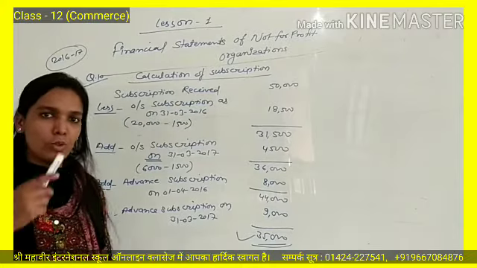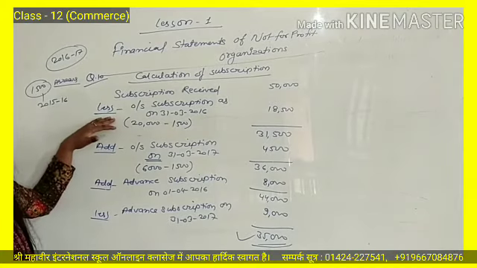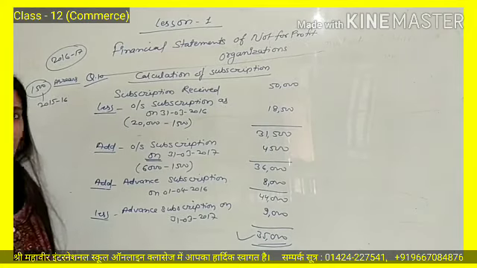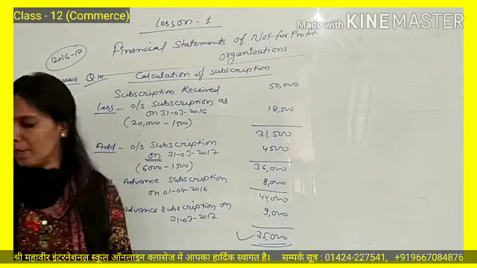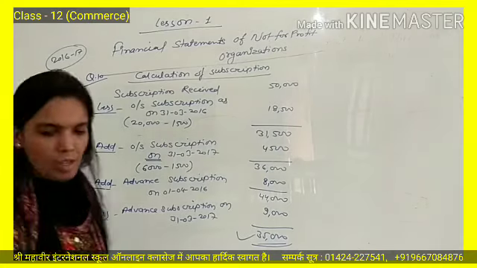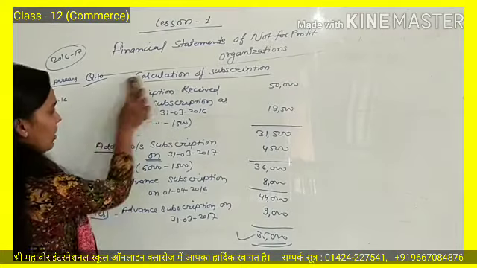So you will do the opposite of all the points. Whatever you are deducting here will be added, and whatever you are adding here will be deducted. This point will be followed in question number 11. This will be your homework. So on the basis of this, solve some questions.